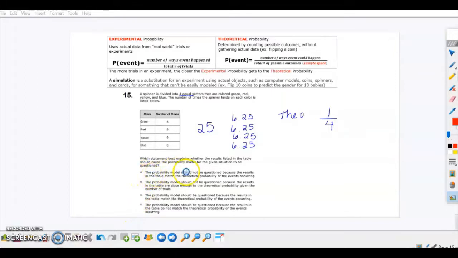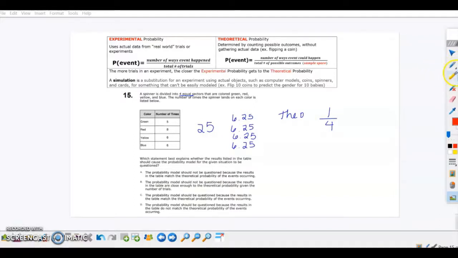So it says letter A should not be questioned because the theoretical probability matches the actual experimental probabilities. They do not match. They're not exactly alike, and it's not possible for them to match because you can't have 6.25 times of it landing on something.